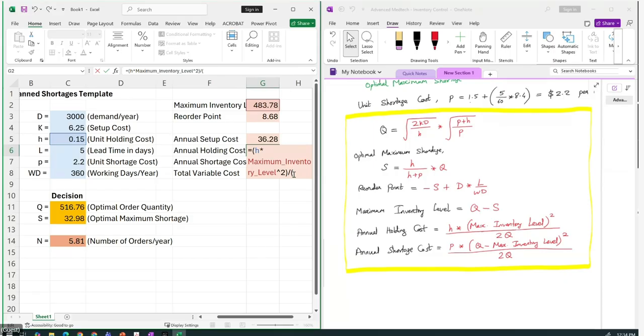Divided by 2 into Q. You can see the same formula I have written here. There should be no confusion. You should get 33.97.